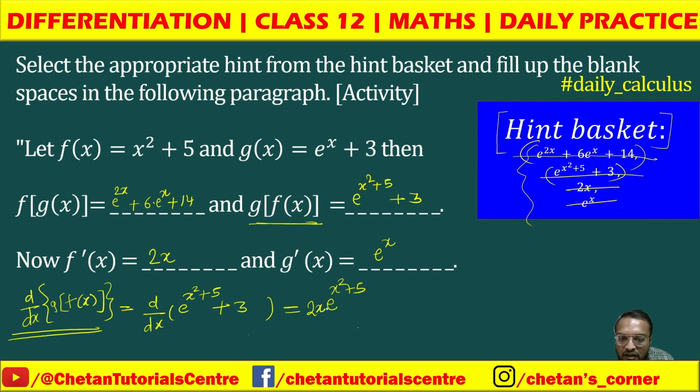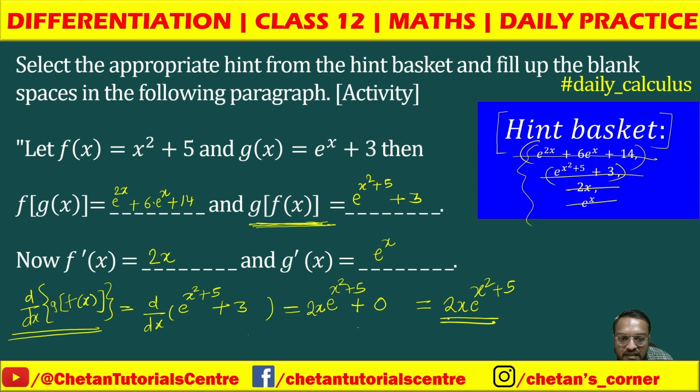So this 2x I have multiplied with e raised to x square plus 5. So in this way, I have obtained the derivative of e raised to x square plus 5. Now we will further find the derivative of plus 3, which is 0. Now if I add 0 to this derivative, what will I get as the final answer? 2x e raised to x square plus 5. This is the final value of the derivative of g of fx.